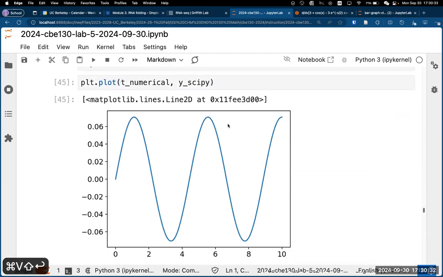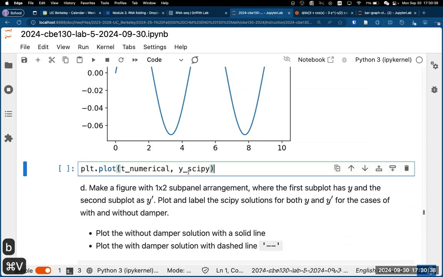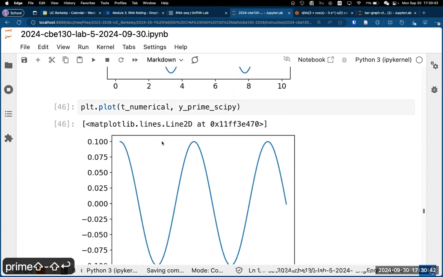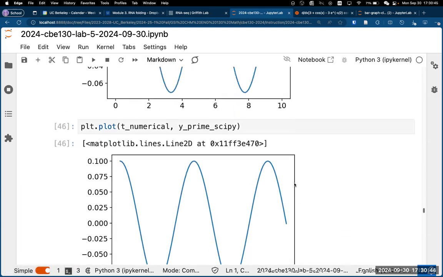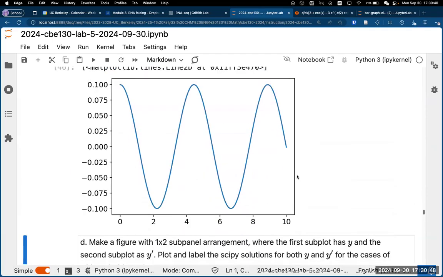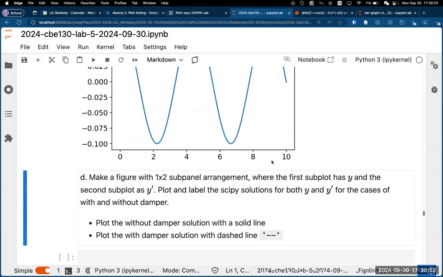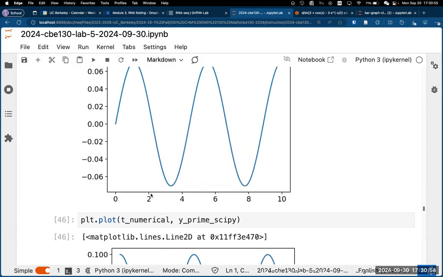So this is the position. As expected, it's oscillating because it's vibration. And then we can also plot the derivative. The derivative of a sinusoidal wave is also a cosine wave. So this is also expected. So this is without damper.